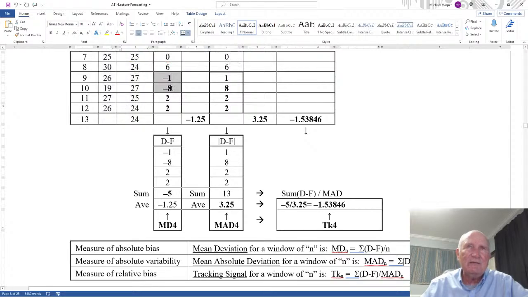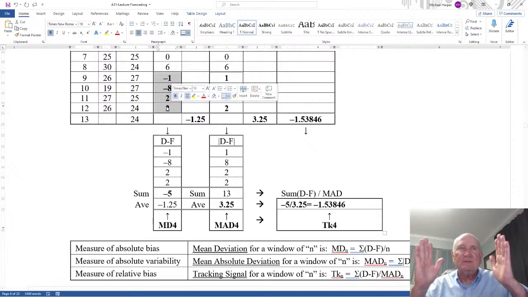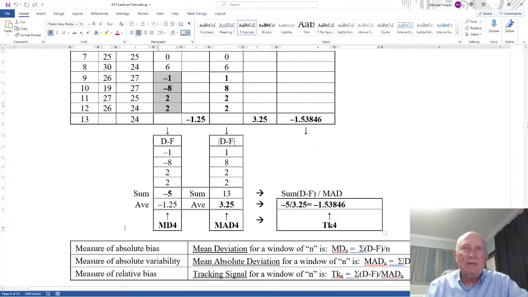And let's suppose my deviations here were +1, -1, +1, -1. Well, the pluses and minuses will average out, so the mean deviation will be 0. So there's no bias. That's perfect. If I take the absolute value, then the MAD would be 1. Okay, well, that's the plus or minus variability.